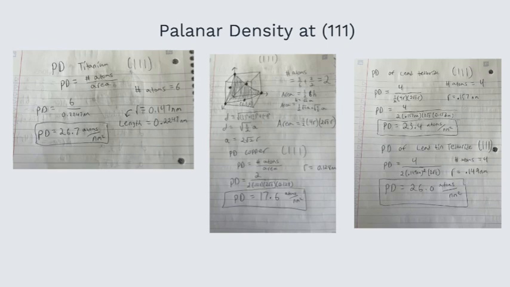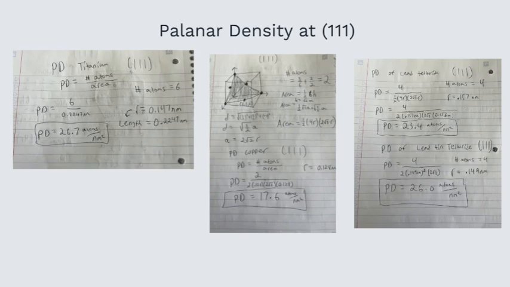For the FCC structure, we found that the number of atoms that this plane intersects is 2, and the area is represented by 1/2 base times height, given it is a triangle, where we found base to equal radical 2 a, and the area equals 1/2 radical 2 a times radical 3/2 a.